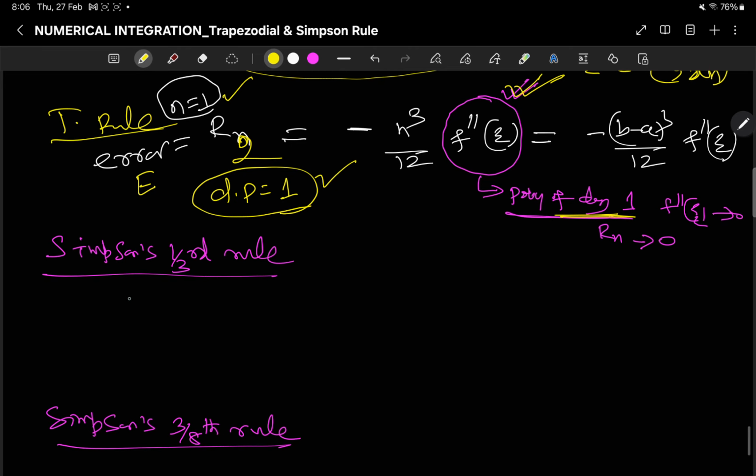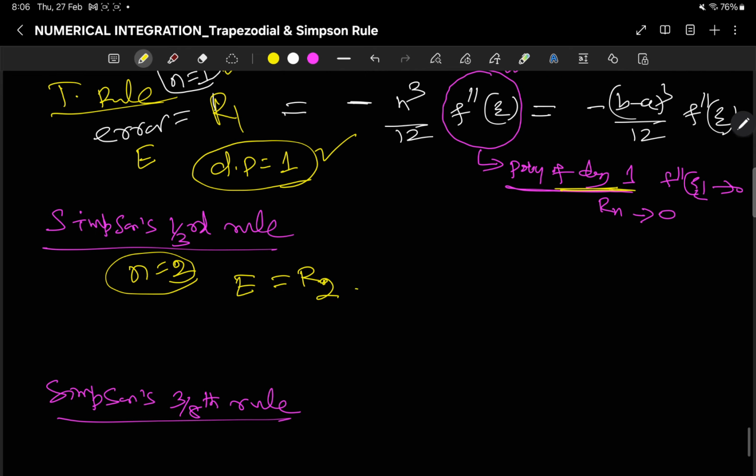So for Simpson's 1/3 rule, here n is equal to 2. If you simplify it, in Simpson's rule the error R2 will be minus h to the power 5 by 90 f fourth derivative at zeta, where a is less than zeta less than b.